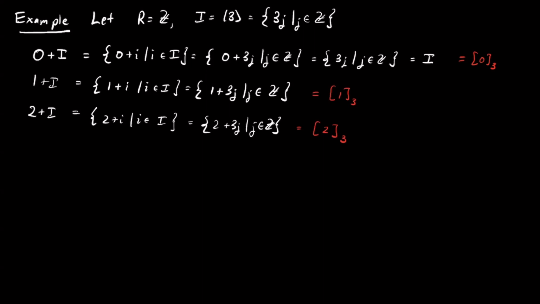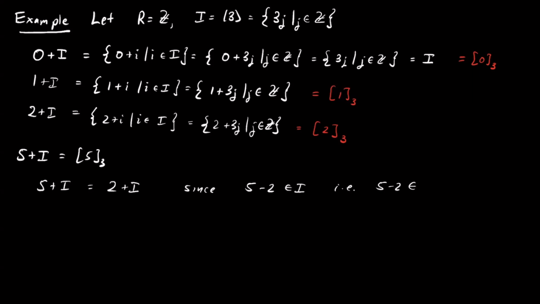So what about the other equivalence classes? What if I tried to form something like 5 plus I? Well, I might do the same work and notice that this is the equivalence class of 5 mod 3, right? But we know that 5 plus I is equal to 2 plus I, since 5 minus 2 is in I, right? In other words, 5 minus 2 is a multiple of 3.